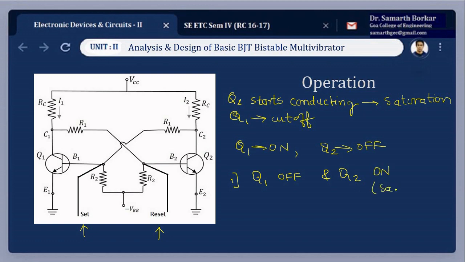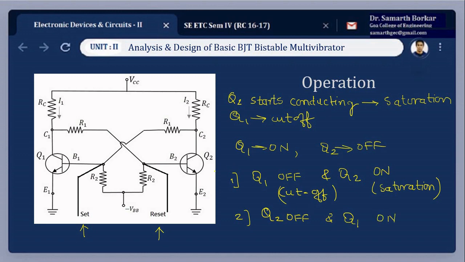So on, in the sense, it is in saturation and off, it is in cutoff mode. And the second stable state will be Q2 in off condition and Q1 in on condition.